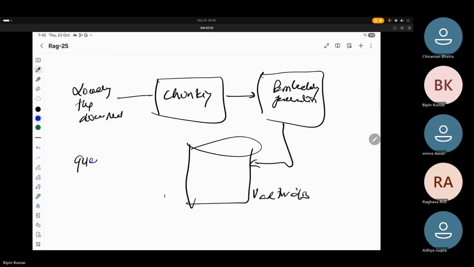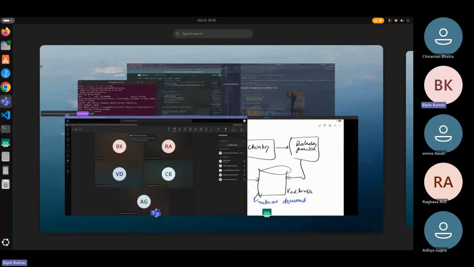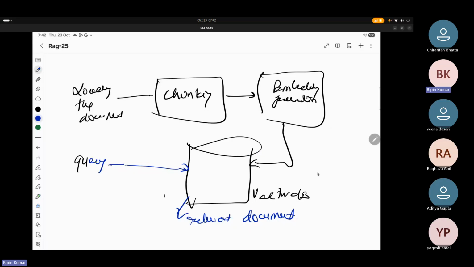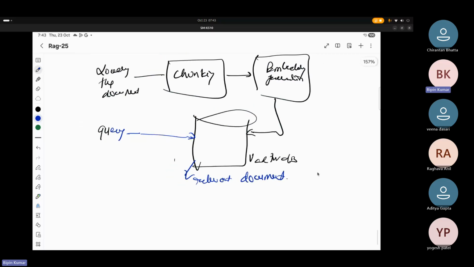Based on the query, it will provide you the relevant document based on what query you have asked. So this is about the retrieval part.